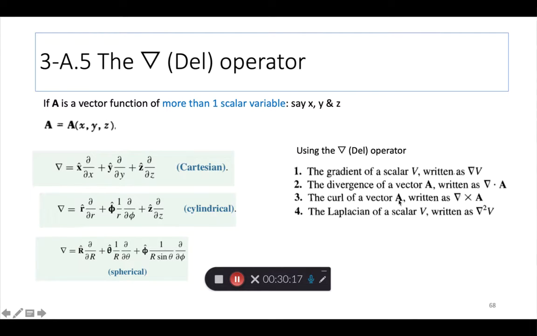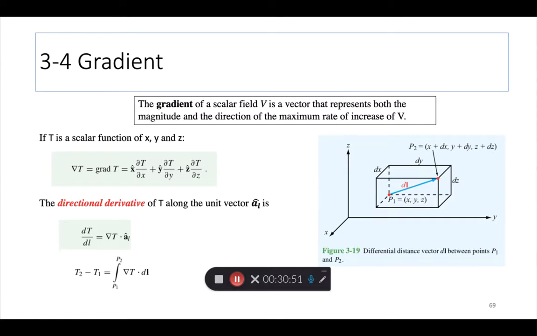Then we have the curl of a vector A written as a cross product of this del operator, which is a vector, crossed by A. And lastly, we have something called the Laplacian of a scalar V written as del square V. So, these four things are what we are going to look at in the next 15 minutes to cover the theory of this chapter. Okay, all right.